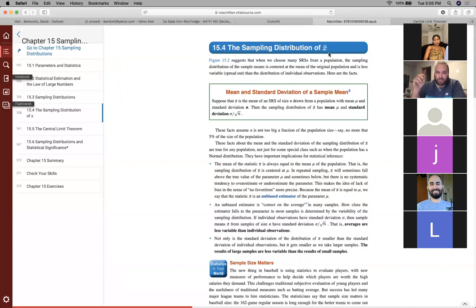It says nothing about being normal. It just says, suppose you have an SRS from a population with parameters, because remember, parameters refer to the entire population, with parameters mu and sigma for the mean and deviation.